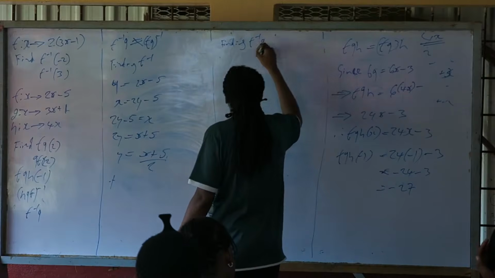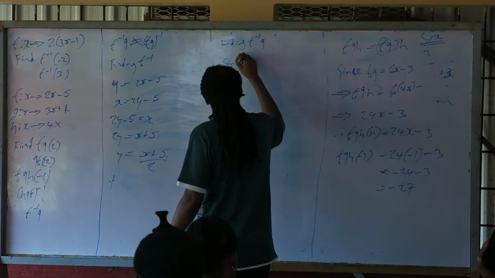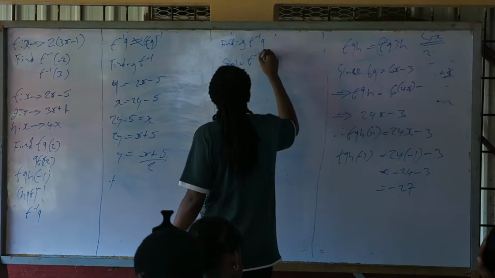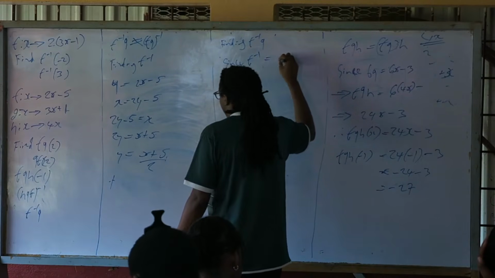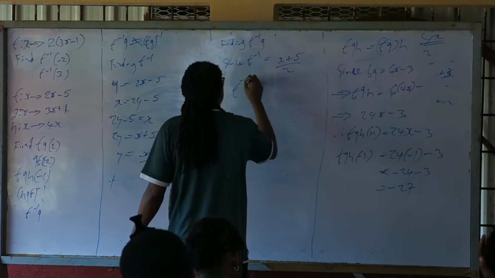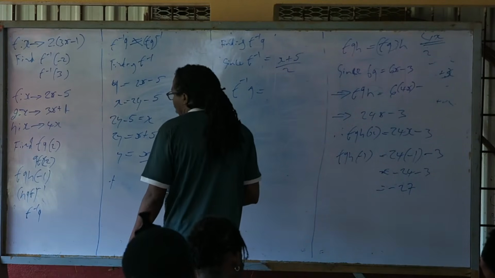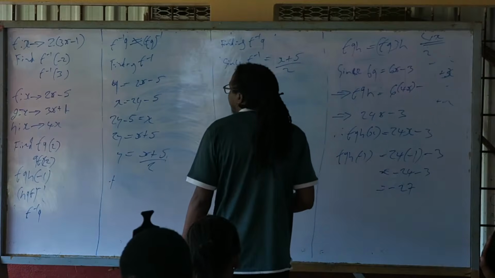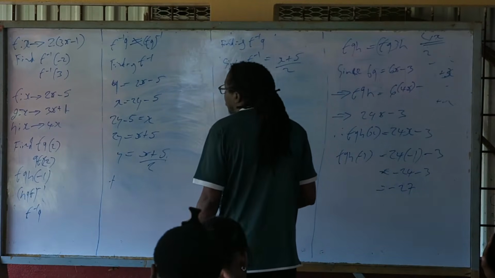f inverse g. Since f inverse equal x plus 5 over 2, f inverse g equal, what is g again? 3x plus 1.